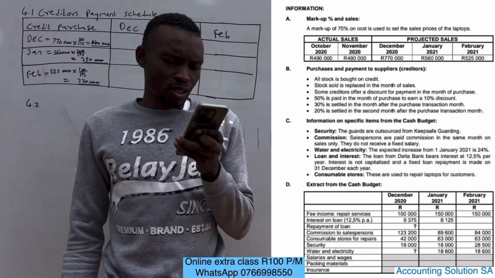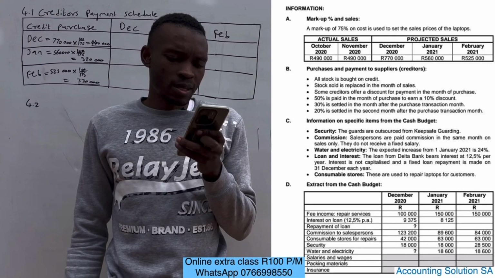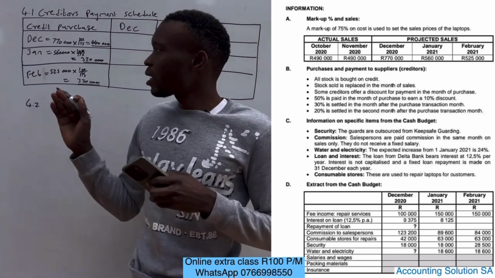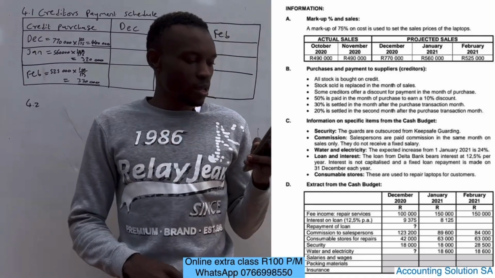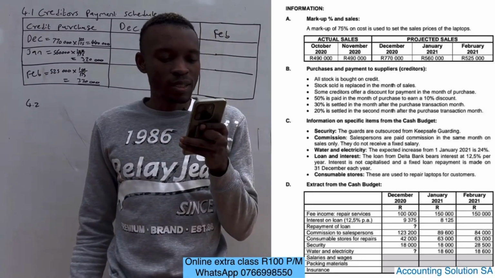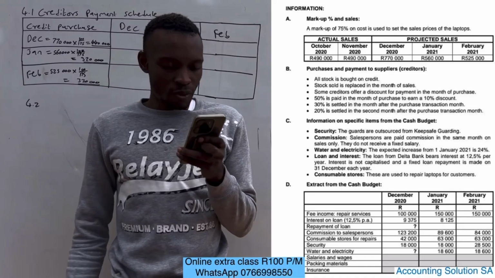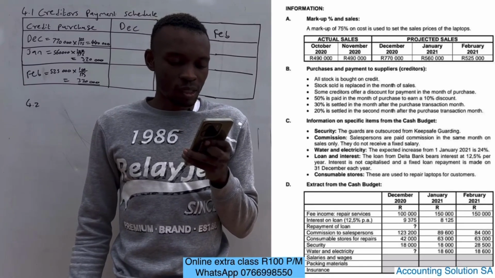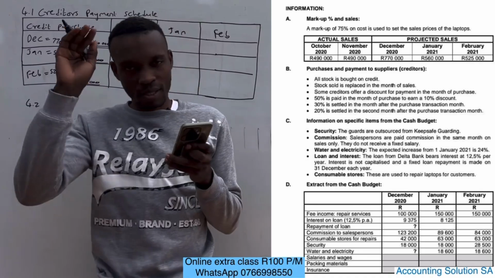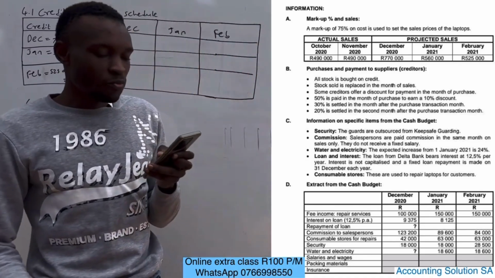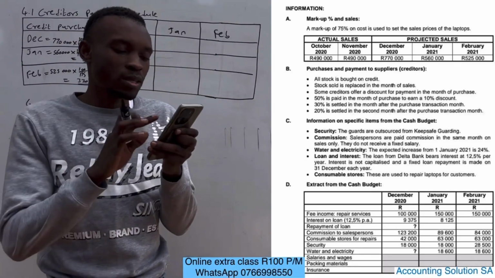Then they give us the schedule. 50% is paid in the month of purchase, in the same month. If we purchase in December, 50% will be paid in December, and 30% a month after, the following month. 20% is settled the second month, or the following month after that. We have a 10% discount on the 50%.